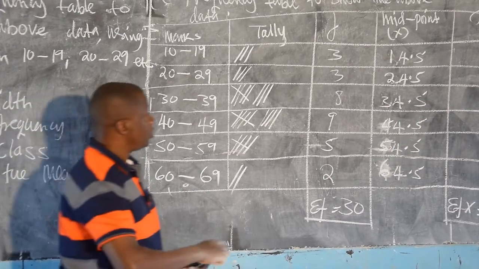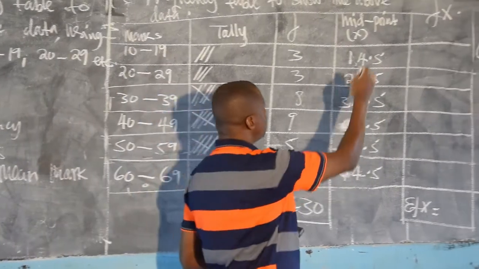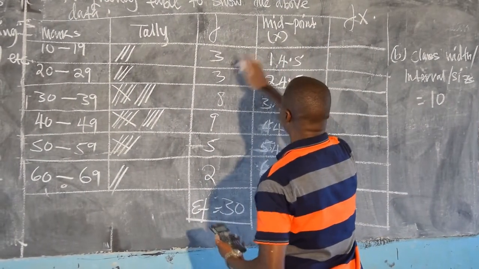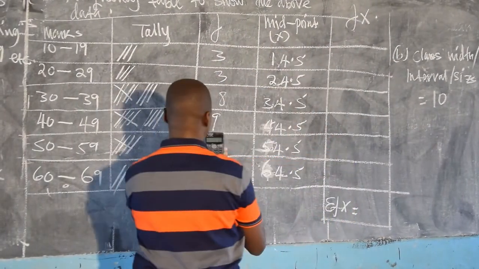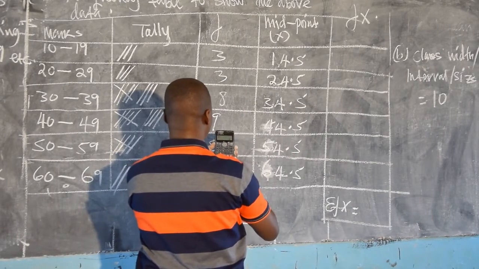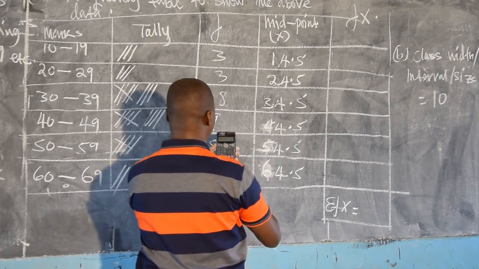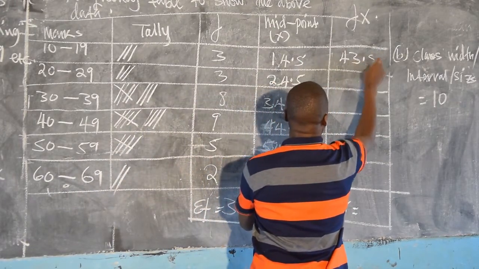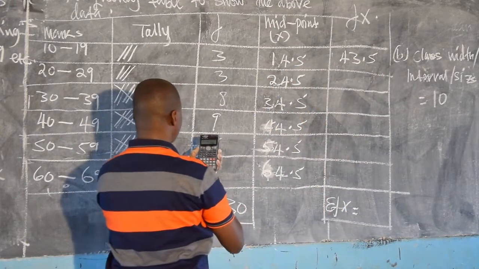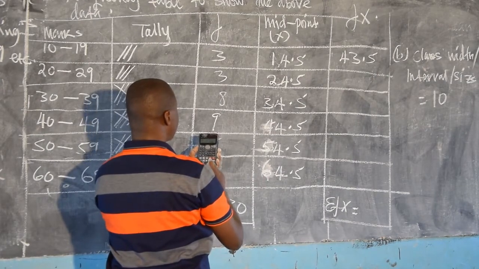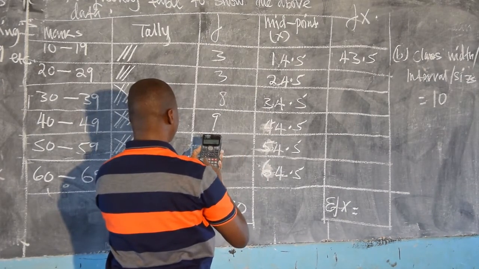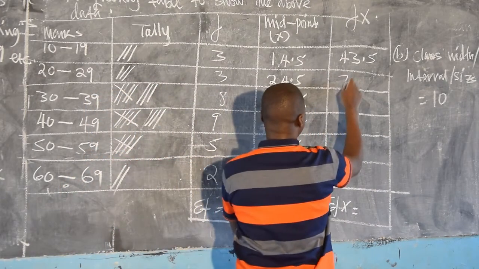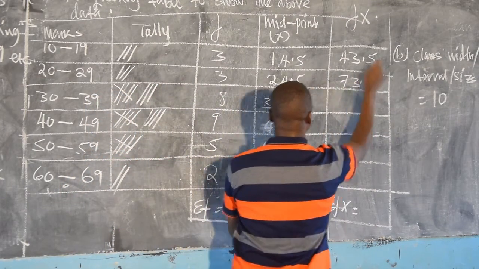Lastly, they want us to complete this fx. That is f times frequency times the midpoint. So we have 3 times 14.5. This one gives 43.5. Next, we have 3 times 24.5. This one gives 73.5.